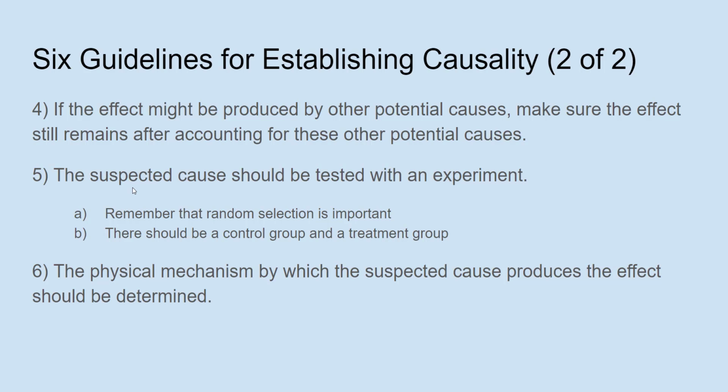So before closing that research study, the potential mechanism causing the causal relationship, if at all possible, should be clearly stated. So these would be the 6 guidelines for establishing causality that we should consider when using correlation to imply a causal relationship.